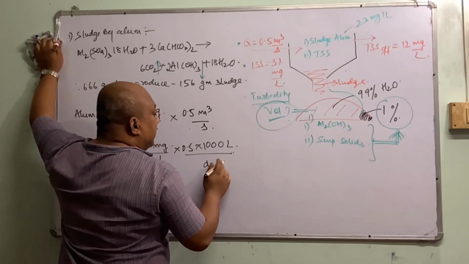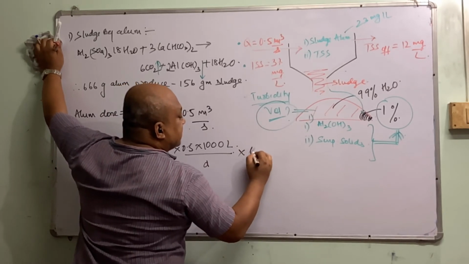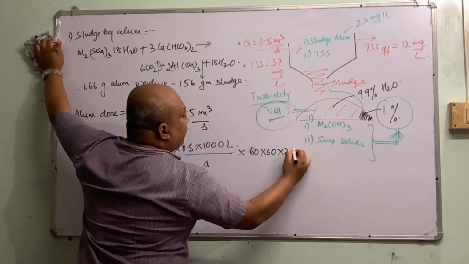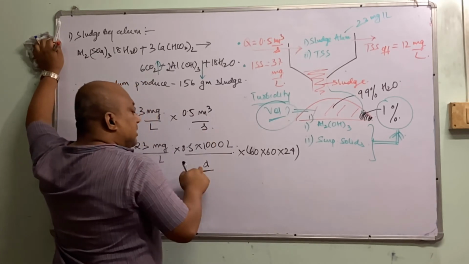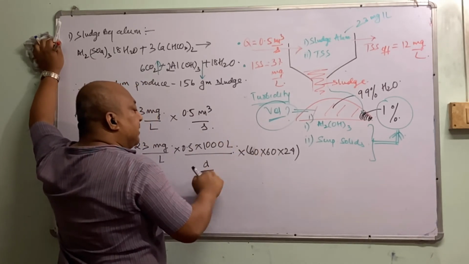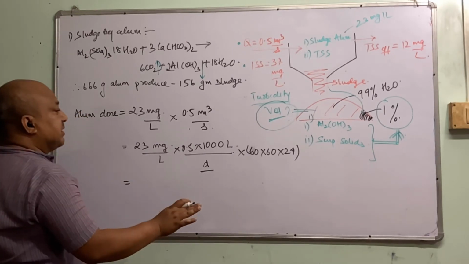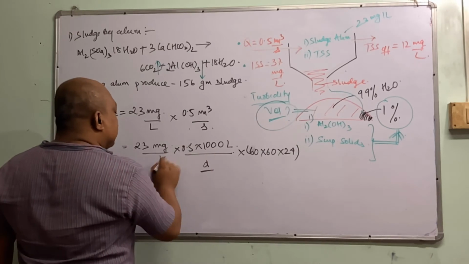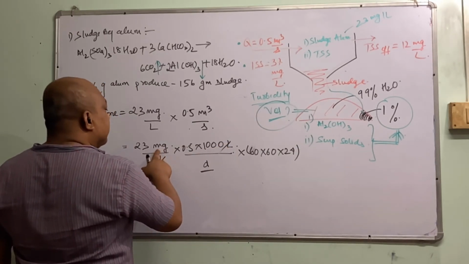To convert into day, 60 seconds is equal to 1 minute, 60 minutes is equal to 1 hour, and 24 hours is equal to 1 day. Fine. To make things easy, we are going to convert into kg. So the liter will be cancelled, and milligram we can convert into kg.